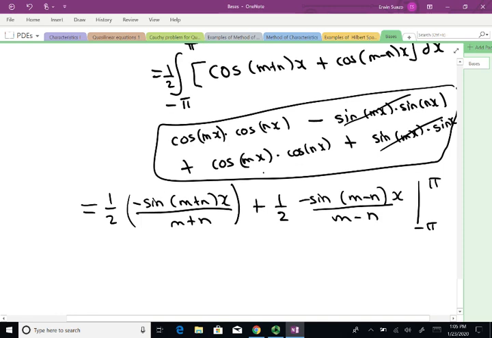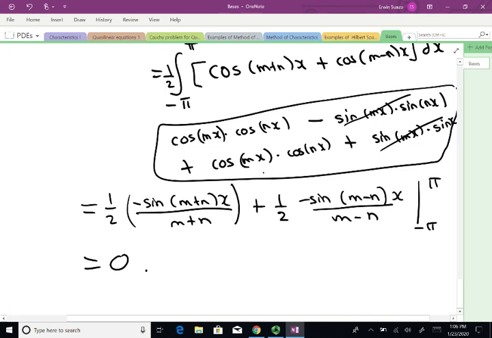It doesn't matter because m and n are integers, so when I plug in pi, sine of (m plus n) pi is 0, and the same with sine of (m minus n) pi, so this whole thing is 0. Okay, so basically we have proved that this set is orthogonal on the interval minus pi to pi.